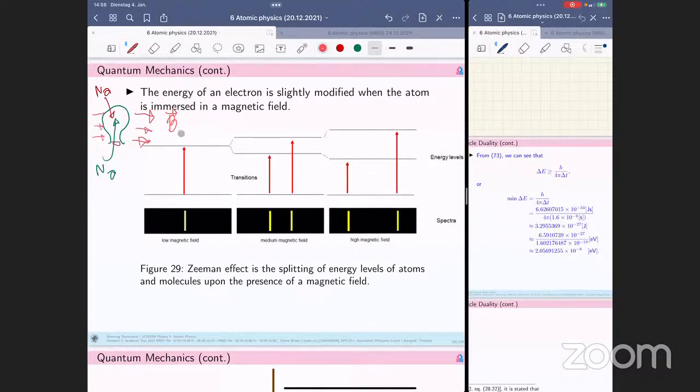Once they increase the B field even more, the energy is even more split into two layers like this. And the two bars of the yellow light in the spectrum domain, on the frequency axis, are more separated from each other, further away from each other. That's the result of the increased magnetic field.